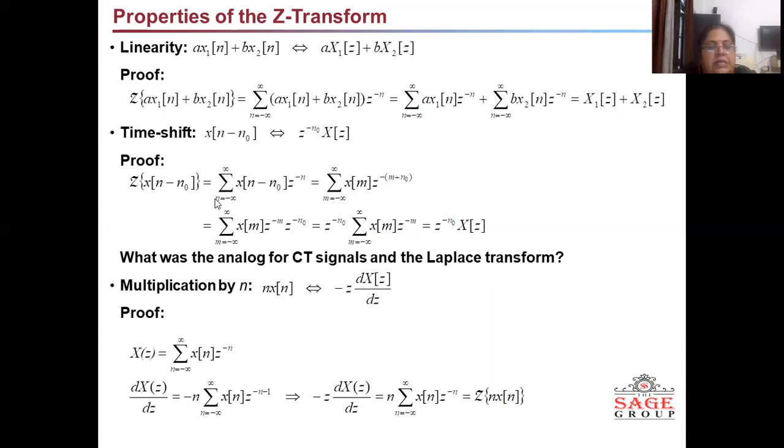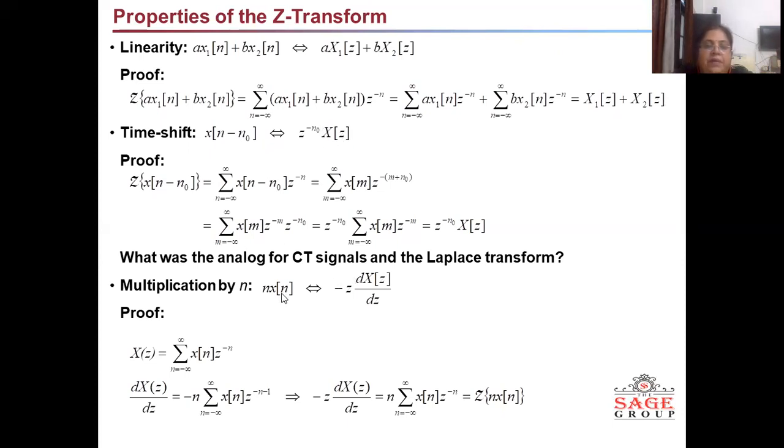By the definition, the summation is from n equals minus infinity to plus infinity, and by solving it we have proved the left-hand side is equal to the right-hand side. So if the shift is minus, then z is multiplied by the minus power, and if the shift is plus n, then z is multiplied by the plus power.